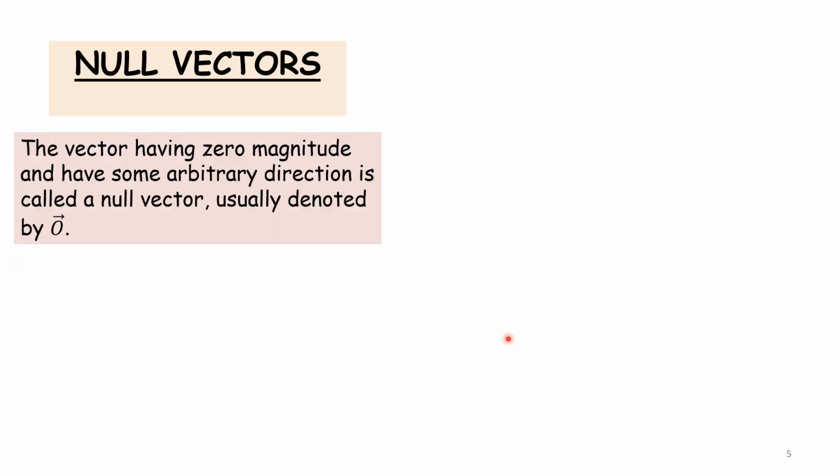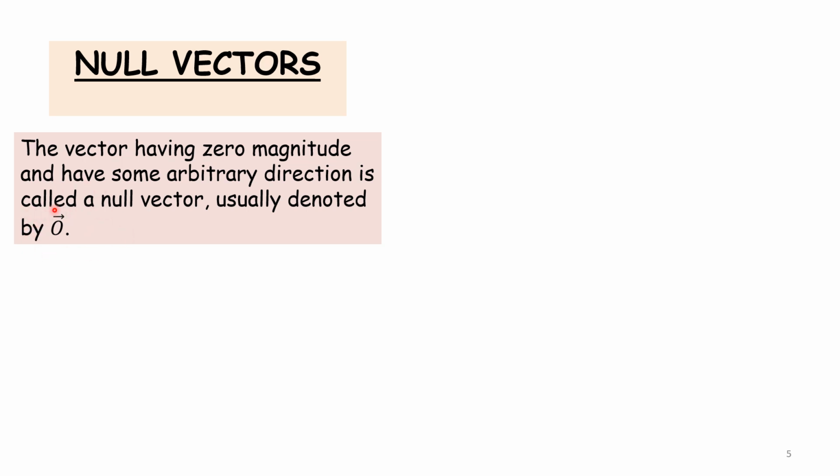A null vector is basically a vector having zero magnitude and some arbitrary direction, and it is usually represented by a zero with an arrowhead. Basically, it is just a mathematical concept which helps us to define the negative of a vector.